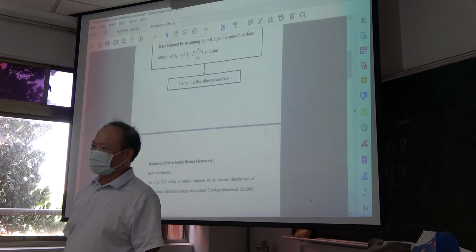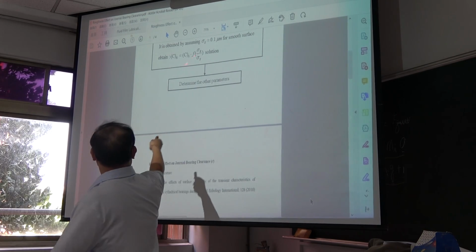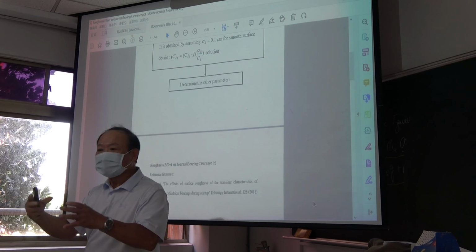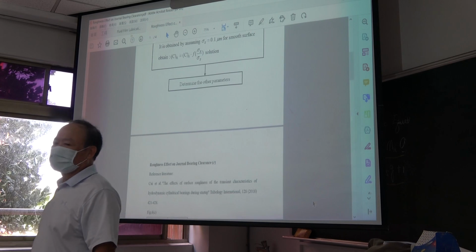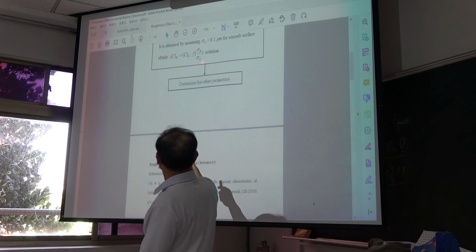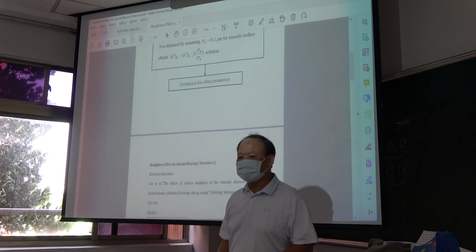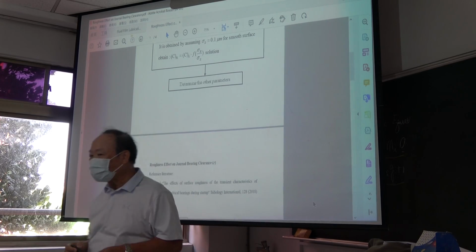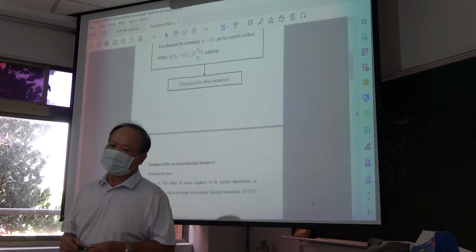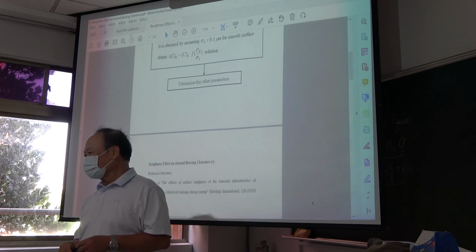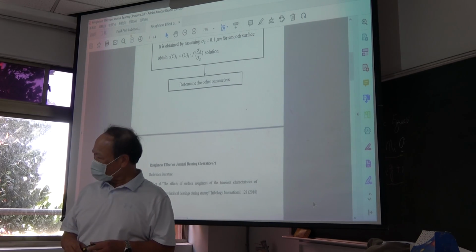But you can use this function to correct your clearance choice. 你的这个间隙的选择，你可以根据这个。There is additional material I offer for you. Please use it. And then one day, you will have something.